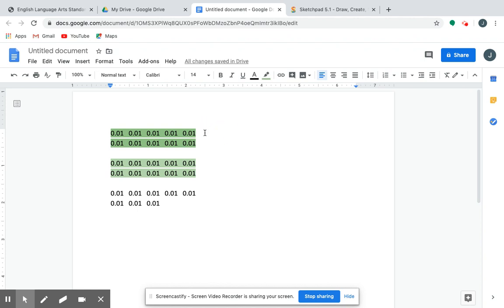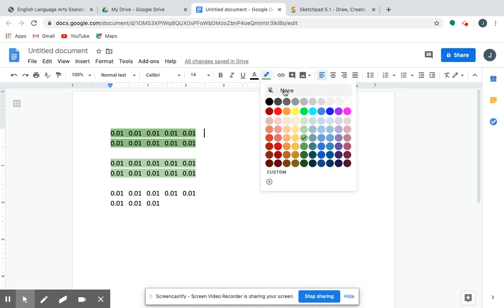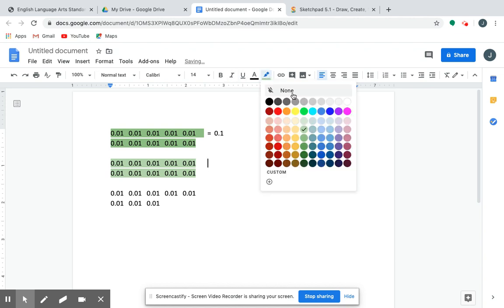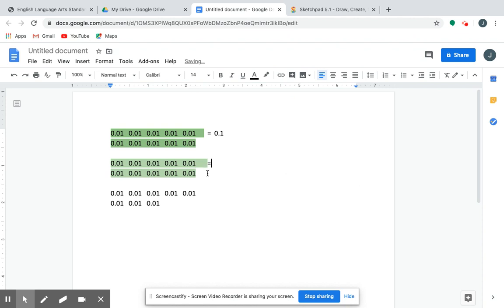So all these equal 1/10. These equal 1/10. And then these did not equal a tenth, but how many hundredths did we have? We had 8 hundredths.